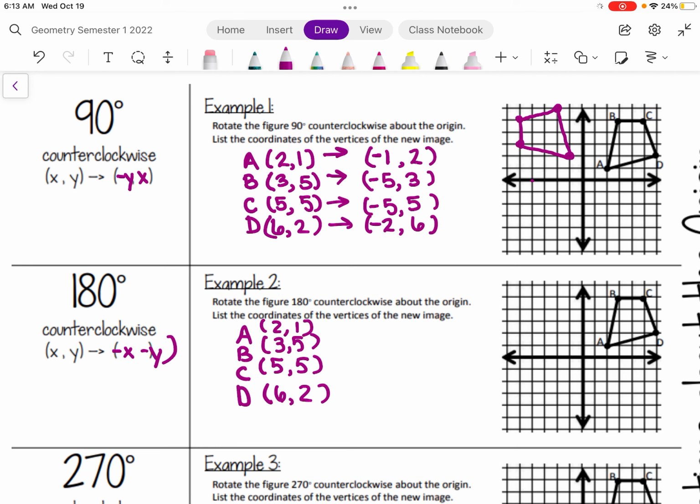This time, I keep them in the same order, but just make them both negative. And remember, when I say both negative, it's really both opposite. So if something was already negative, I would make it positive.